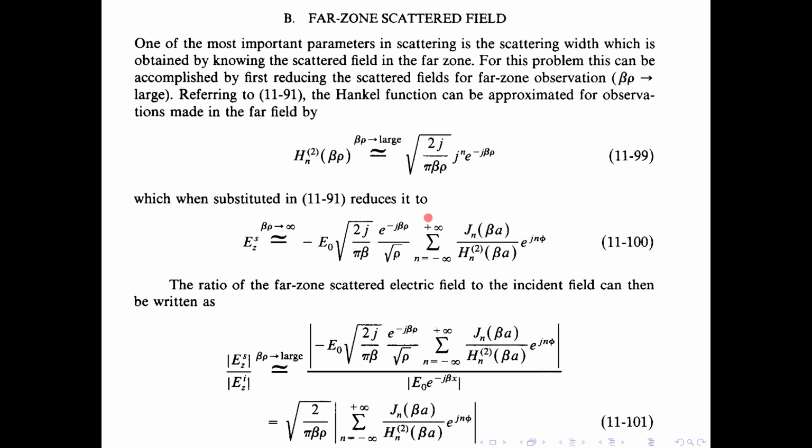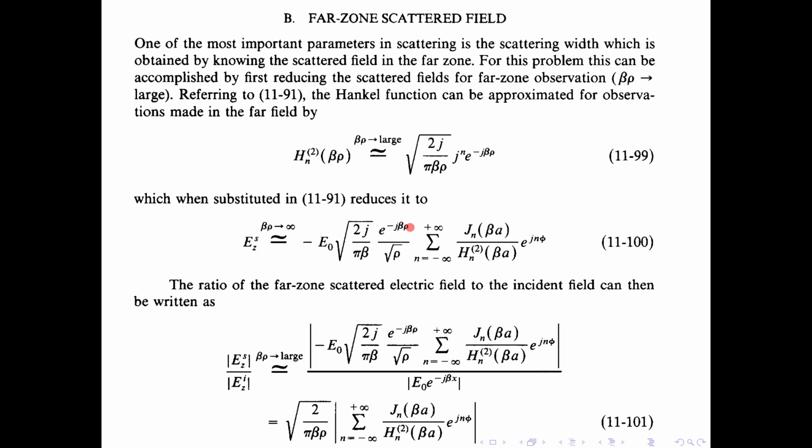We substitute the large argument approximation of the Hankel function and get this summation now here in the far field, and we observe that we have the cylindrical wave here with phase minus beta rho, amplitude 1 over square root of rho.